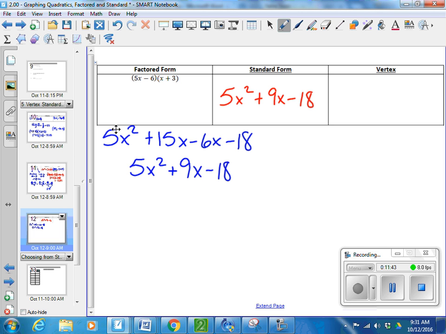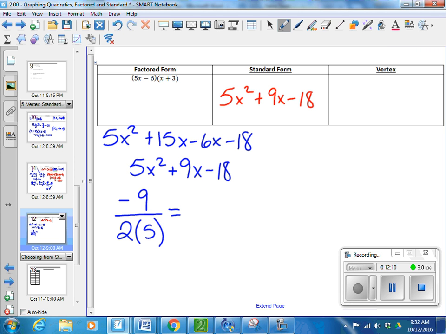Alright, so remember, what we need is the opposite of the middle coefficient. So that means we're going to have negative, or the opposite of 9, over, and it's always over 2 times the first coefficient, or the leading coefficient. So that'll be over 2 times 5.